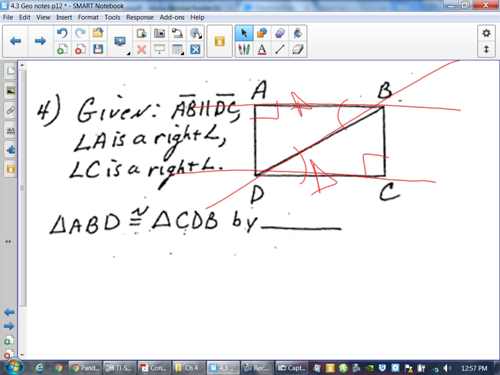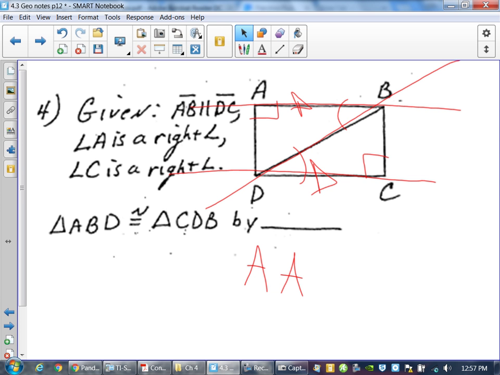So according to my diagram right now, I have two consecutive angles that are the same. Which means I look at my possibilities, it narrows it down to these two. Do I have a side between them or a side after them? What is it? It's after, because you've got the diagonal.